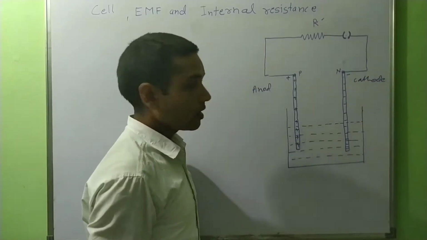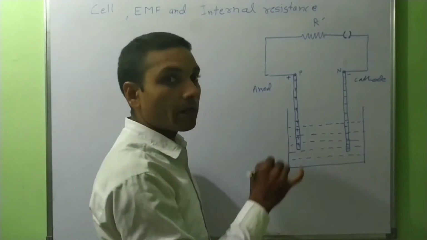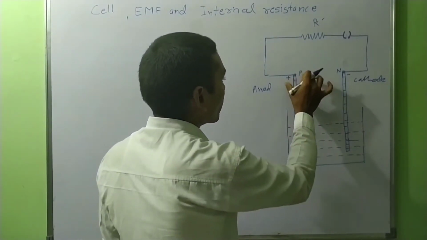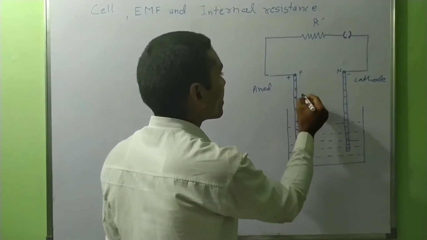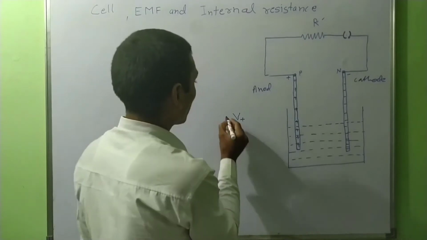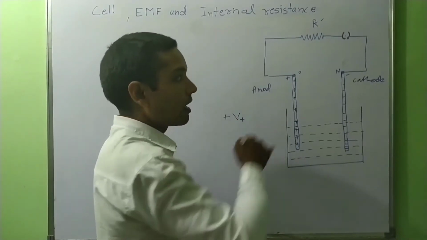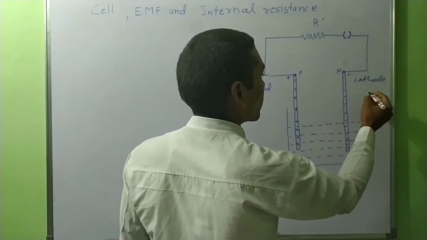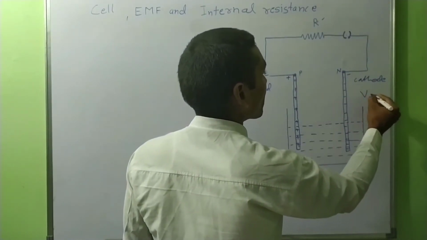Okay, so let the potential of the positive electrode or anode be represented as V plus. And the potential of the negative electrode or cathode is V minus.